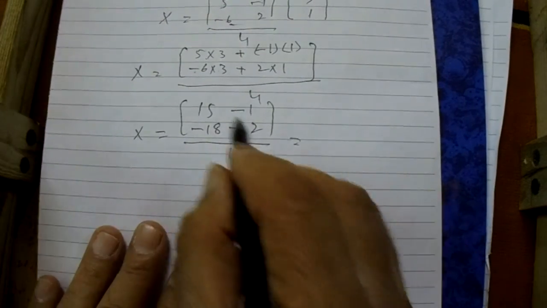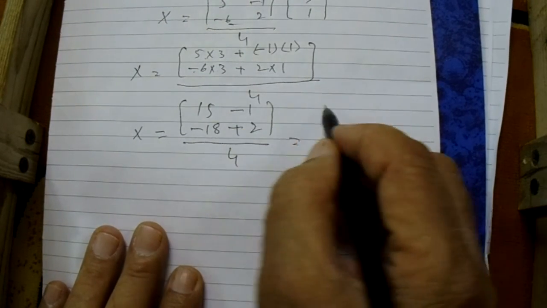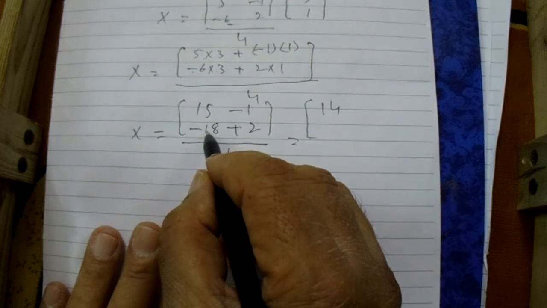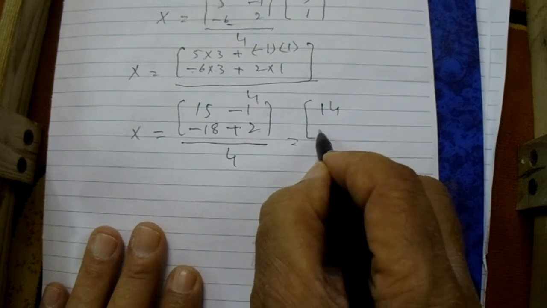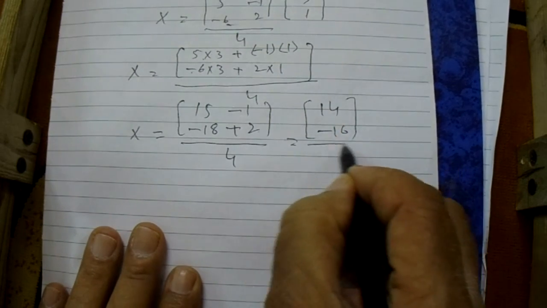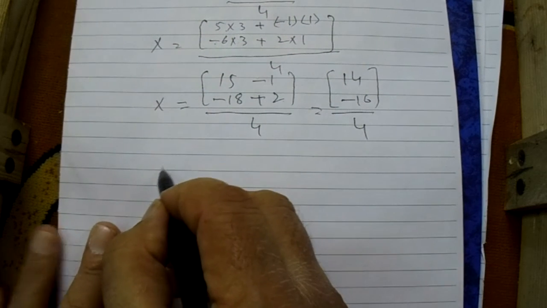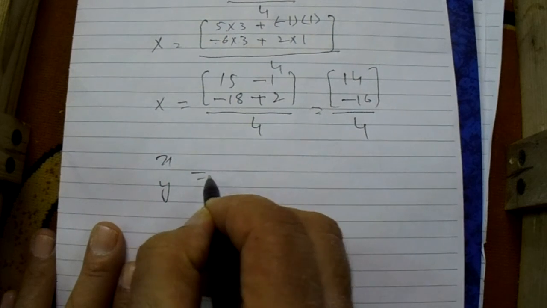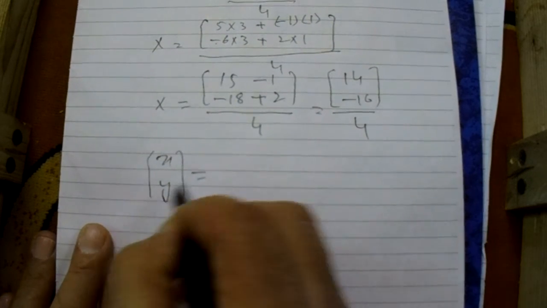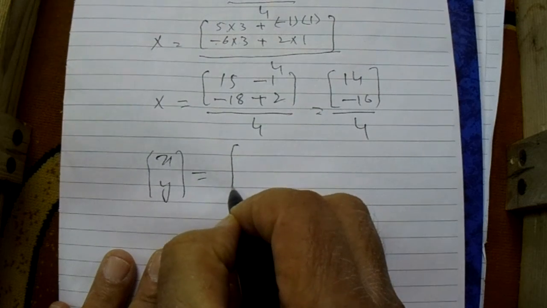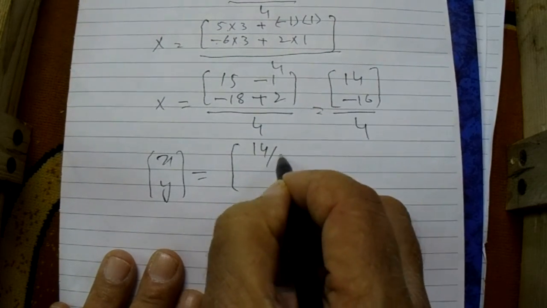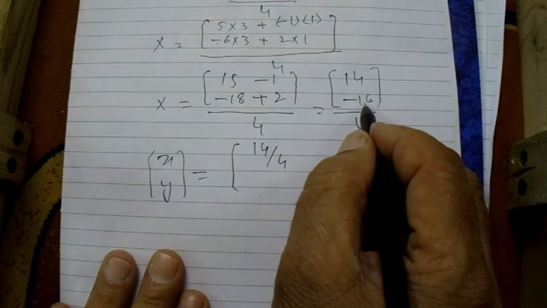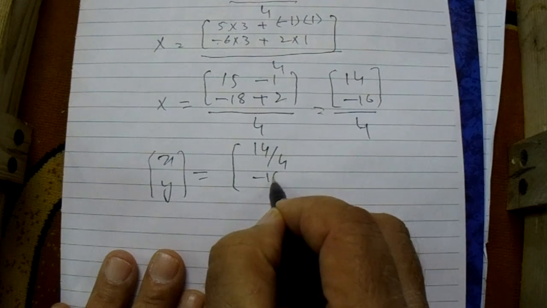Again we write this: 15 minus 1 is equal to 14. Now minus 18 plus 2 we get minus 16, and in the denominator 4. Now X is equal to 14 over 4 and minus 16 over 4.